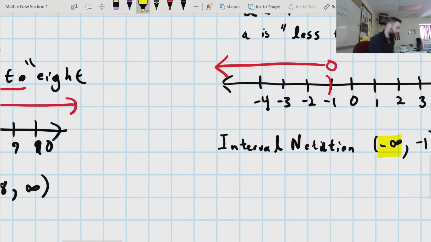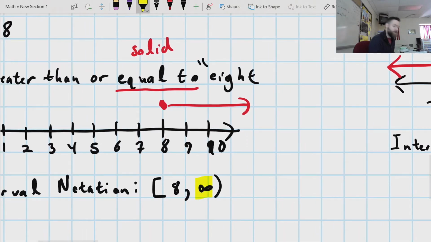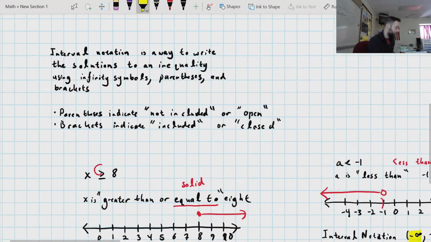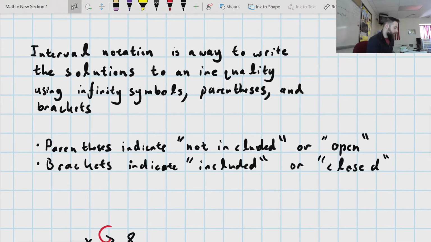And anytime you're dealing with negative infinity or positive infinity, I should mention this, you're going to have parentheses. The reason is because we use parentheses to indicate something that's not included. If I think about infinity as a concept, there's no way that I can get to infinity in mathematics. It's only something that I can approach.